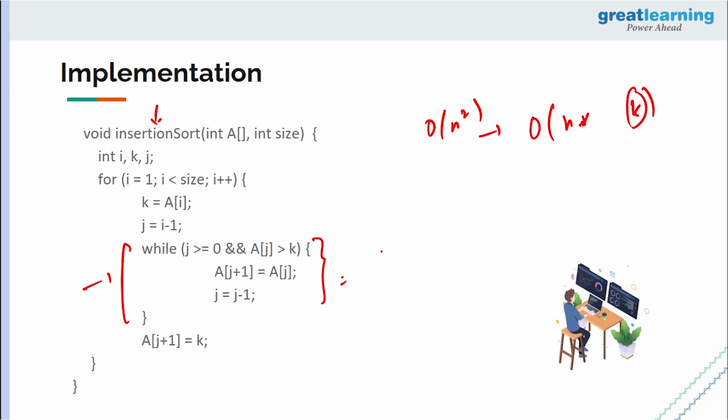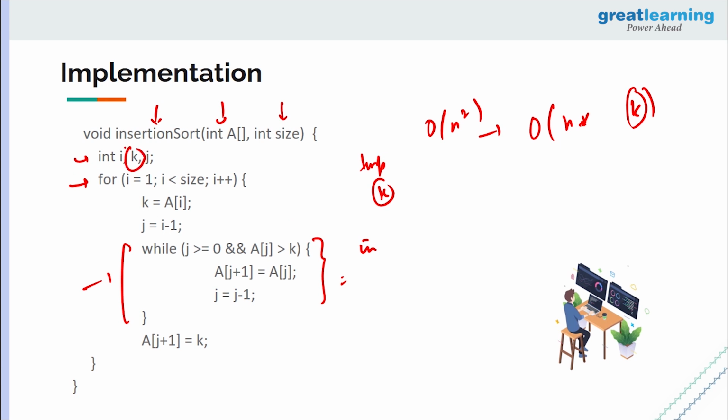If we observe carefully, this is the same implementation of insertion sort that we have seen earlier, right? We have this array, we have this size, then we have these 3 iterators i, k, and j, wherein this is the outer loop, this is the inner loop, and instead of temp we are using this variable k this time around. That's it.